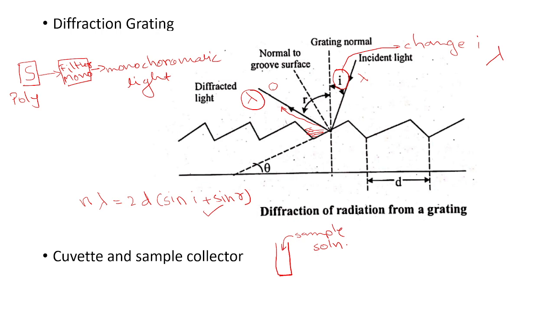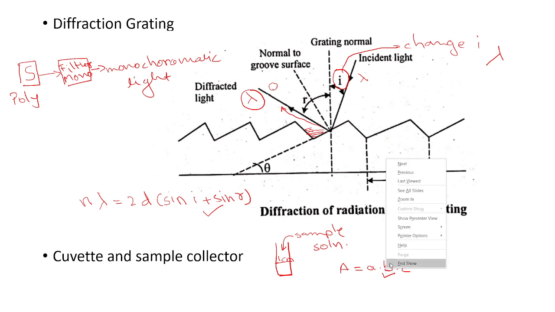These cuvettes may be rectangular or cylindrical in shape. The internal distance or diameter of the cuvette is generally 1 centimeter, and it should not be more than that. As I told you, this distance matters a lot in experimentation, because your basic law, the Beer-Lambert law, is A equals epsilon times b times c, where this b has to be constant and should be small.